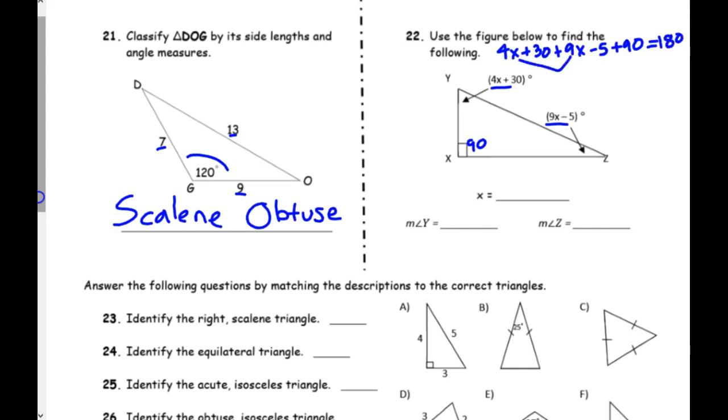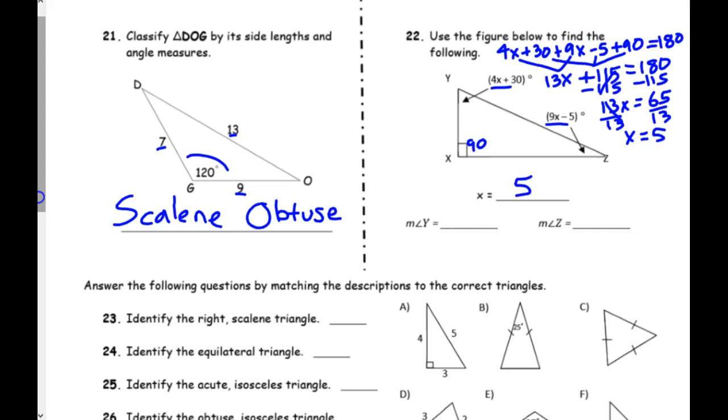So 4x plus 9x is 13x. 30 minus 5 plus 90 is 115, equals 180. Get rid of the loner. 65 divided by 13. X equals 5.